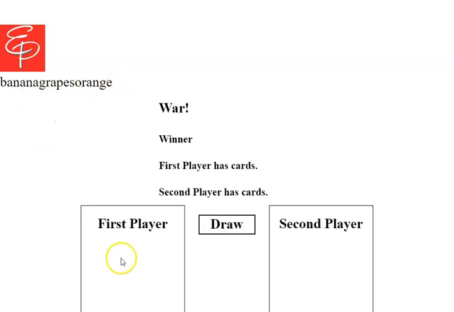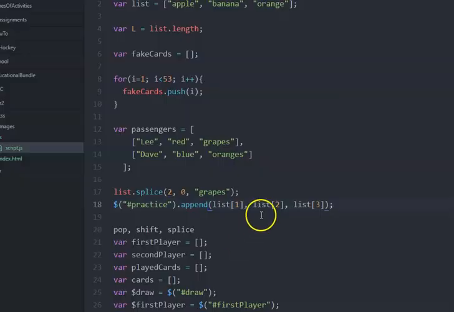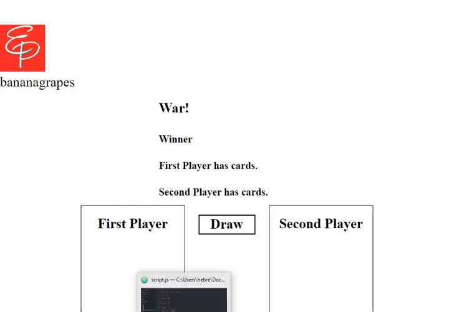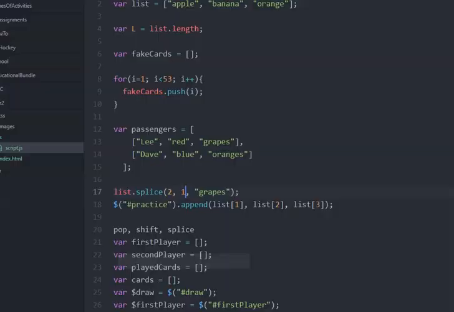Okay, banana, grapes, orange. You could also go to position 2, delete 1, put grapes. So what's that do? Banana, grapes. Because orange no longer exists.